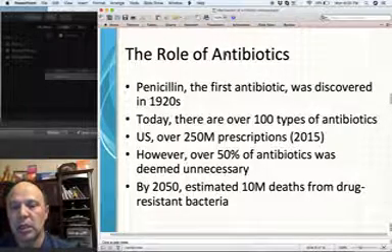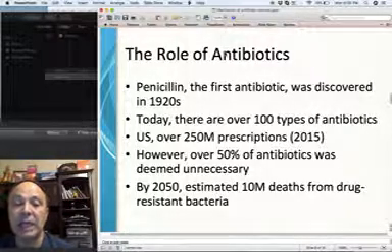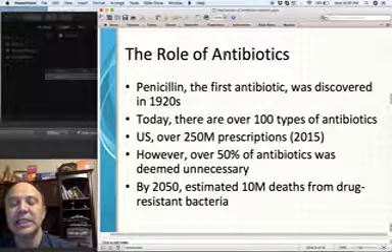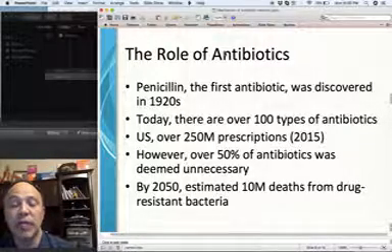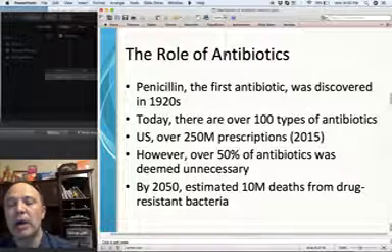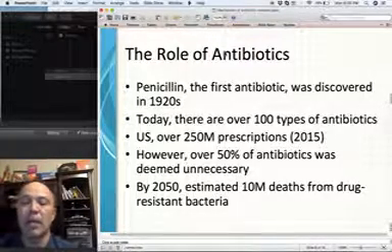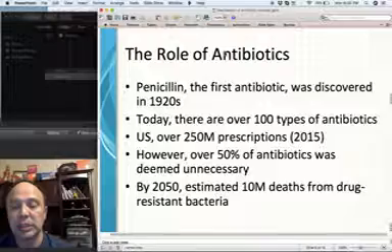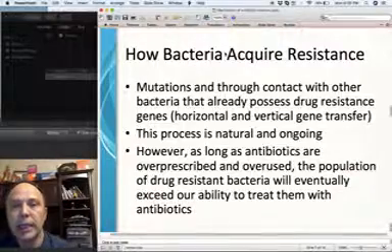However, over 50% of antibiotics was deemed unnecessary. And by 2050, the World Health Organization estimates that there will be about 10 million deaths that can be attributed to drug-resistant bacteria. So this is not a situation that we want to put our society in. We've got to get a handle on antibiotics.